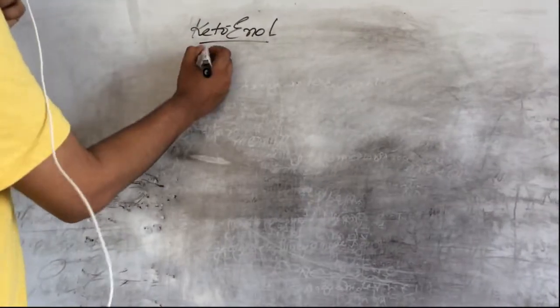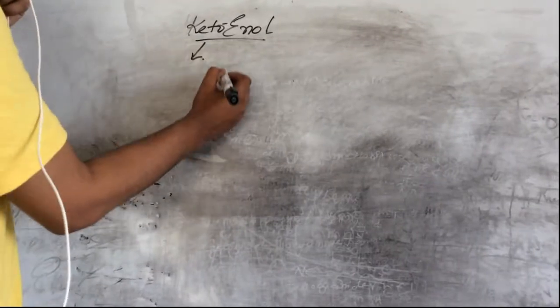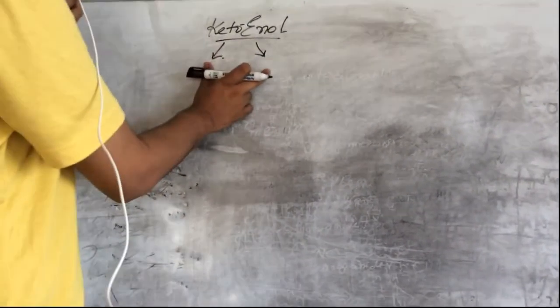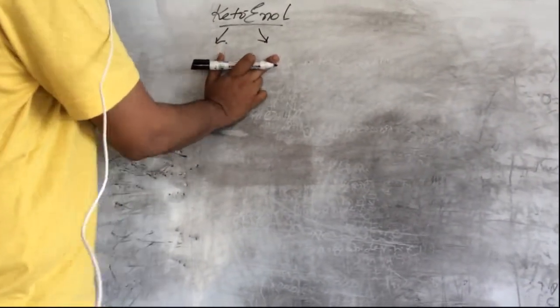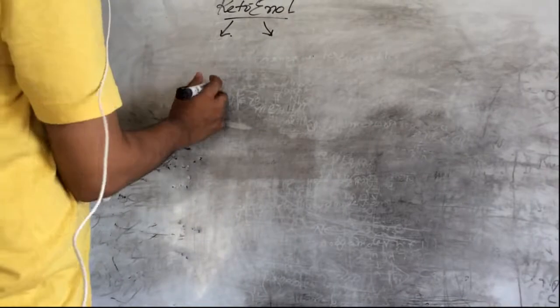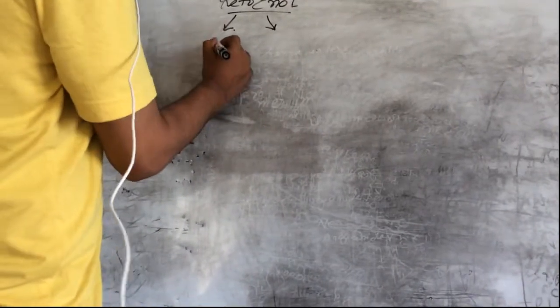So as I told earlier, this will be the tautomerism that is equilibrium between an isomer containing a keto group and an isomer containing an enol group. So let's take an example.